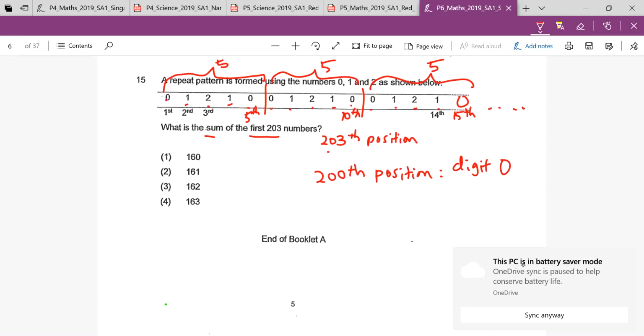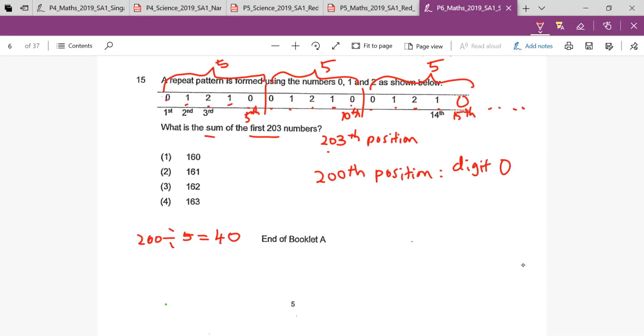Alright, so this would be the end of a group of 5. Okay, which group of 5 would that be? 200 divided by 5 will give me 40.